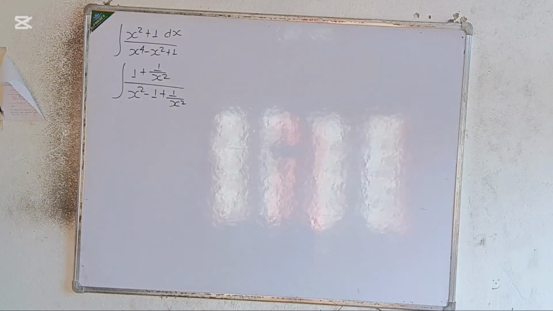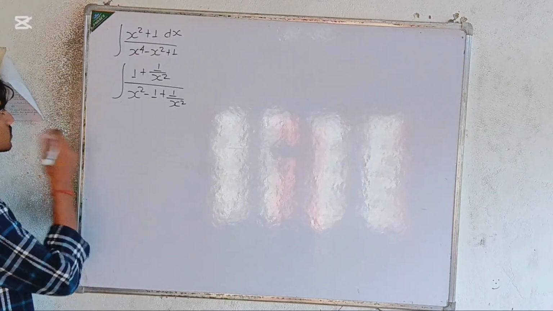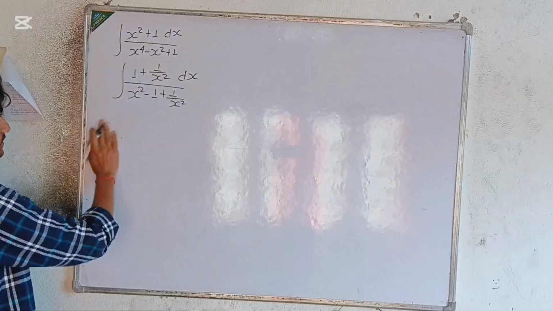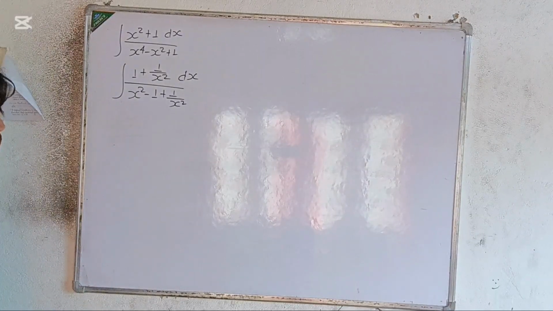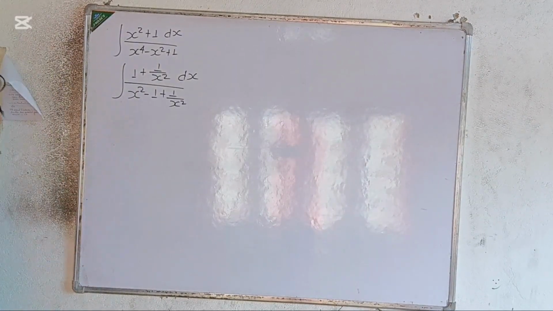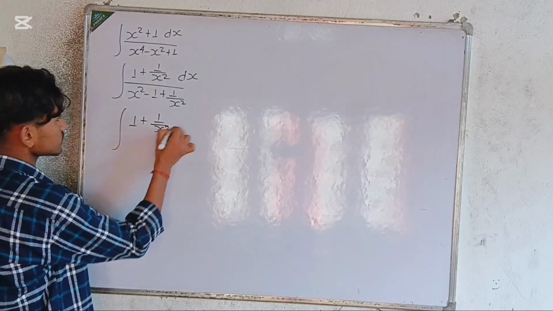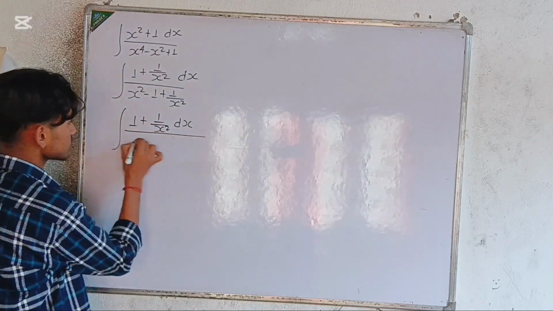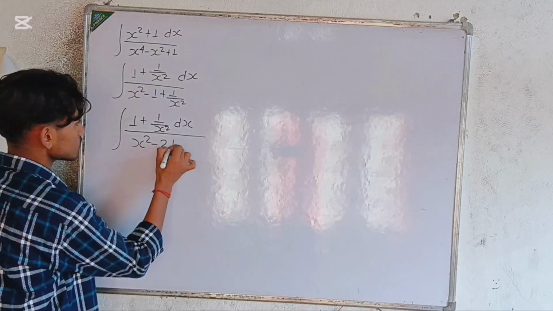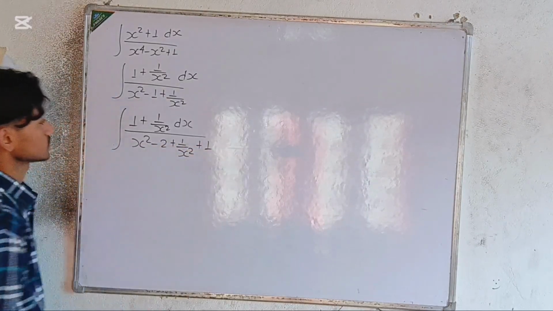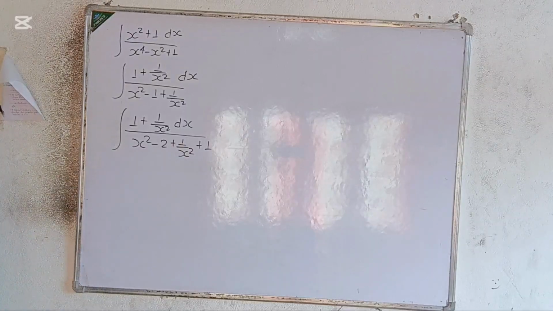After that we get, with respect to x, right? And what we have to do here now, I am going to do something very interesting. You can see that I am going to write x squared minus 2 plus 1 over x squared plus 1. So this also makes sense.